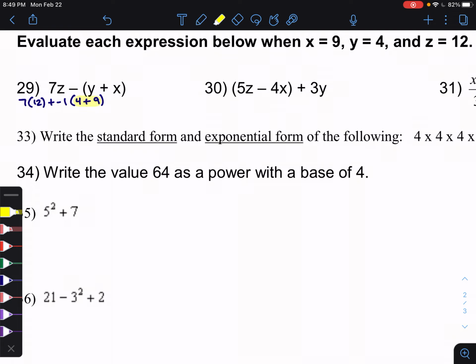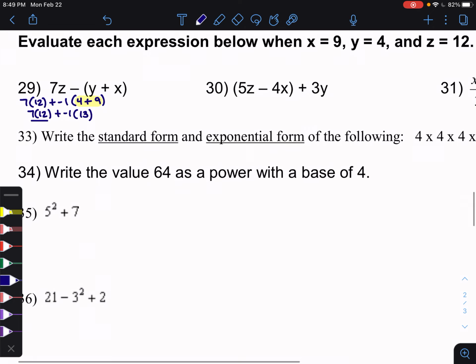So I'm going to do my parentheses first. So 7 times 12 plus negative 1 times 13. Now I can do my multiplication. So 7 times 12 is 84 plus negative 13. 84 plus negative 13 is going to be 71.